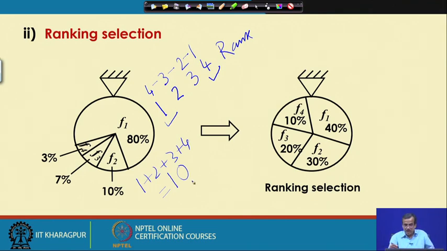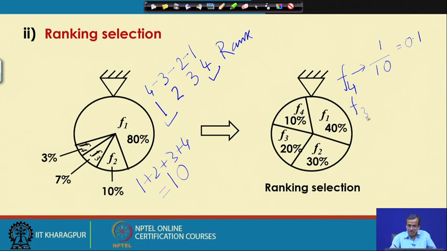Now, here we try to calculate in a ranking selection the probability values in a slightly different way. For F4, which has rank 1, the new probability value is 1 divided by 10, that is 0.1 according to the ranking selection.